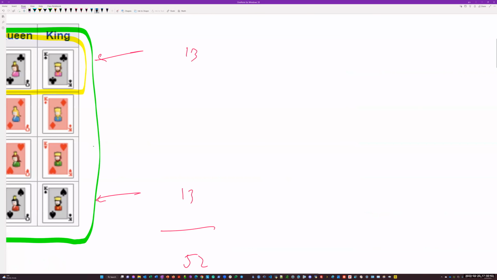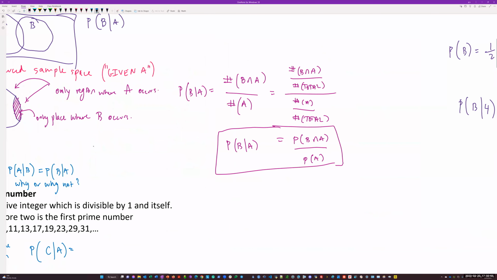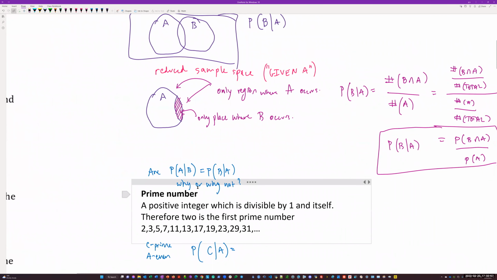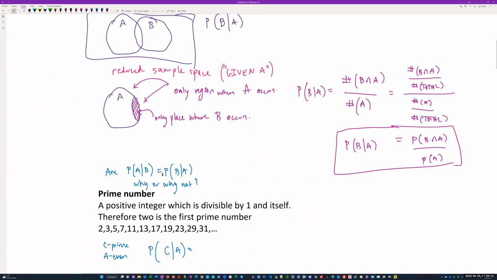Well, if someone asks you something like this, either this has to be true all the time, or all you have to do is come up with one time where it's not true. Does that make sense? So if we don't think it's true, all we have to do is come up with one time where it's not true.